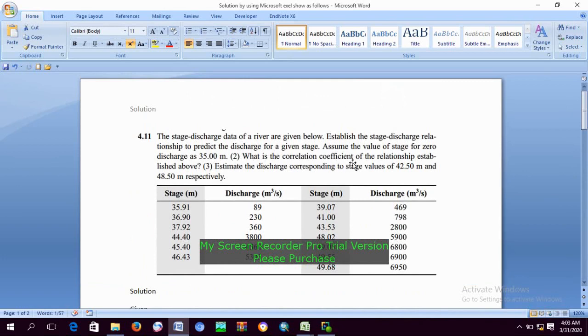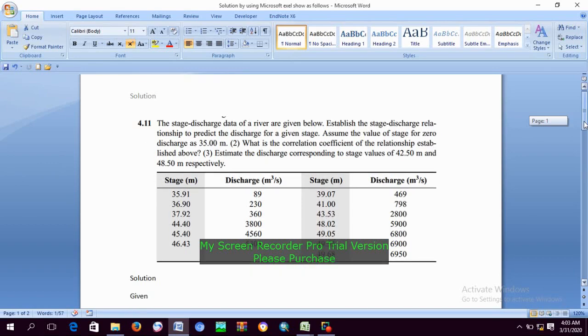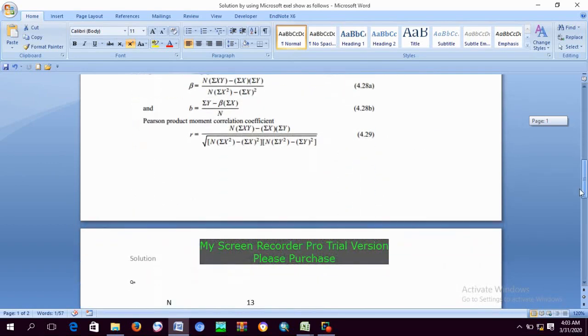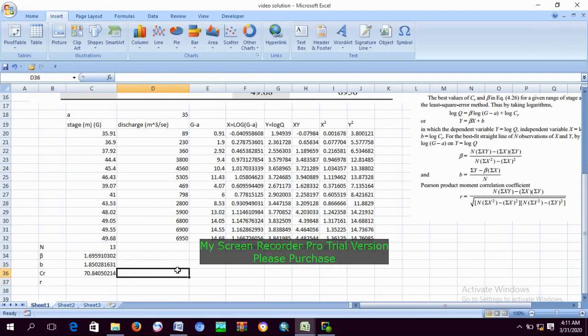what is the correlation coefficient of the relation established? We determine the correlation coefficient using this formula. We can calculate the numerator and the denominator.